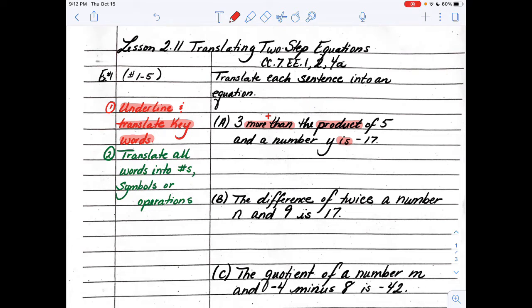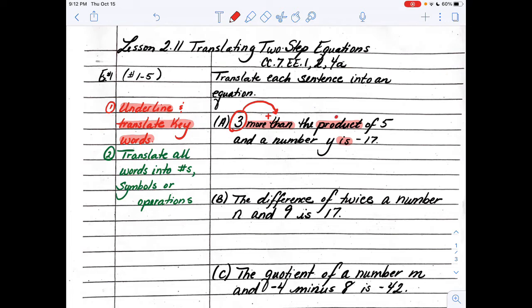It's like the adjectives in Spanish that we talked about, where what's in front of that word is actually going to go behind that addition sign. And what's in behind it is actually going to be going in front of it. So whatever's behind the more than is going to go in front of the addition sign.